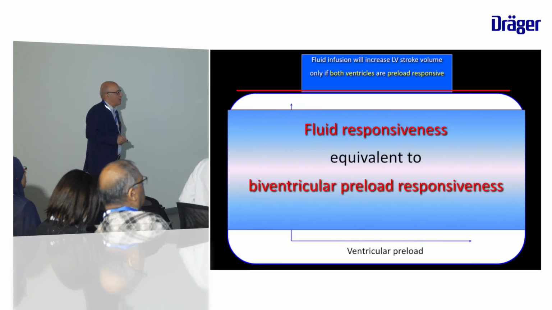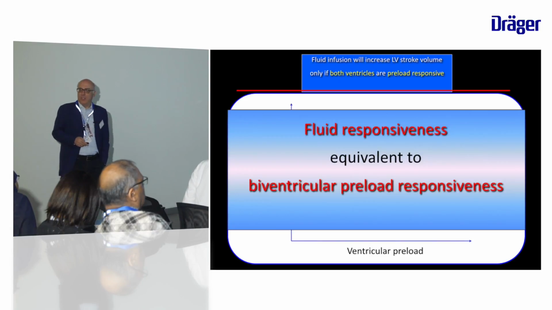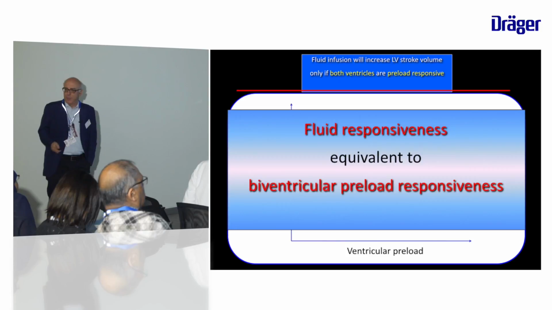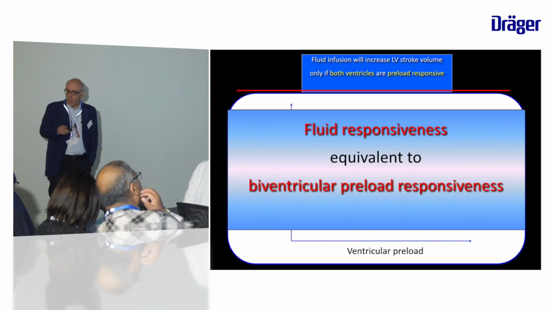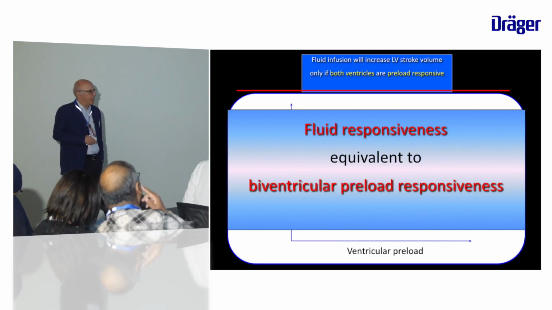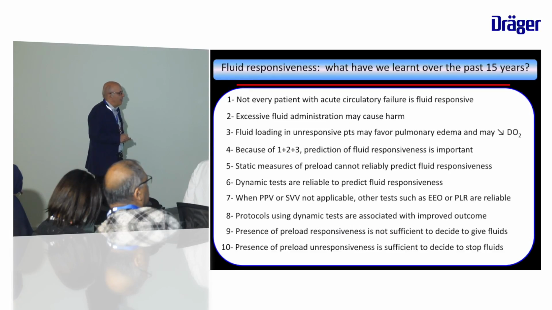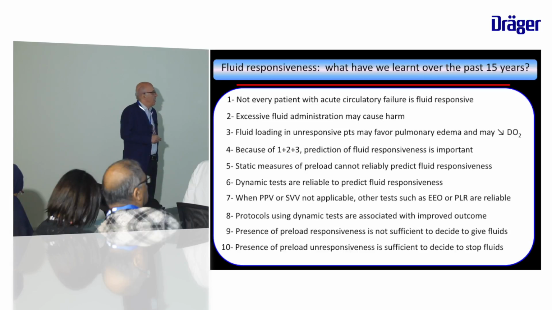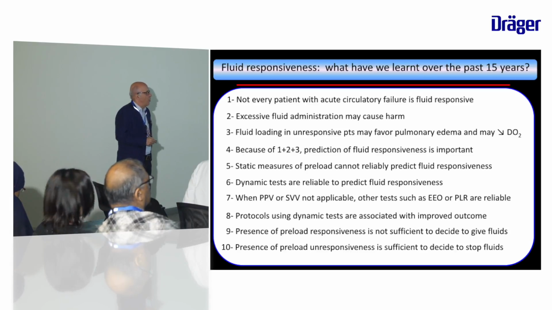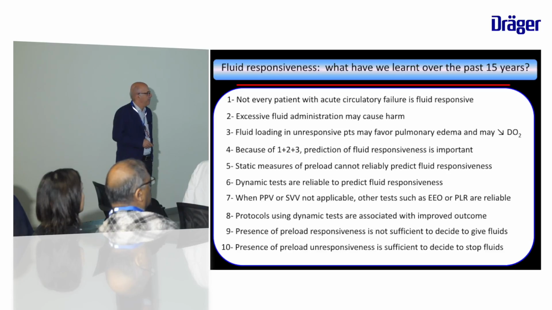Fluid responsiveness is equivalent to a biventricular preload responsiveness, considering the crosstalk between the two ventricles. Now I will try to discuss these 10 points, what we have learned in the last 15 years.